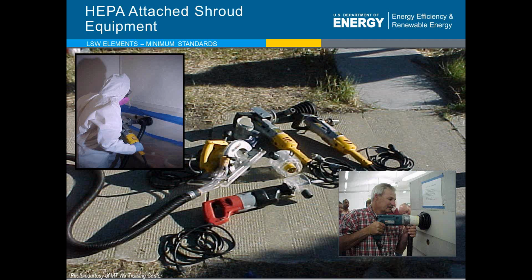Here we have some tools. None of these tools are on the prohibited list, but these are all very common tools that we use in weatherization, and every one of these has been modified to accommodate a shroud that would be attached to a HEPA.